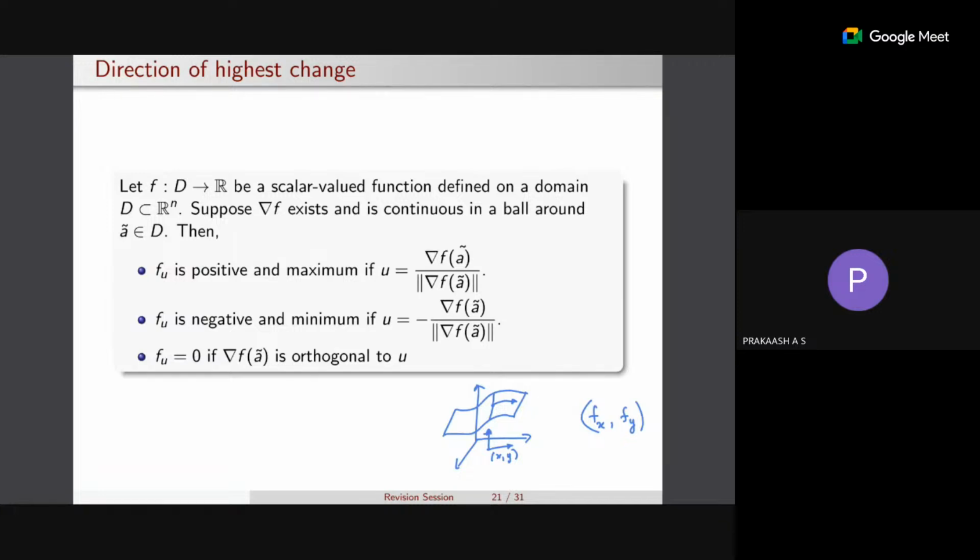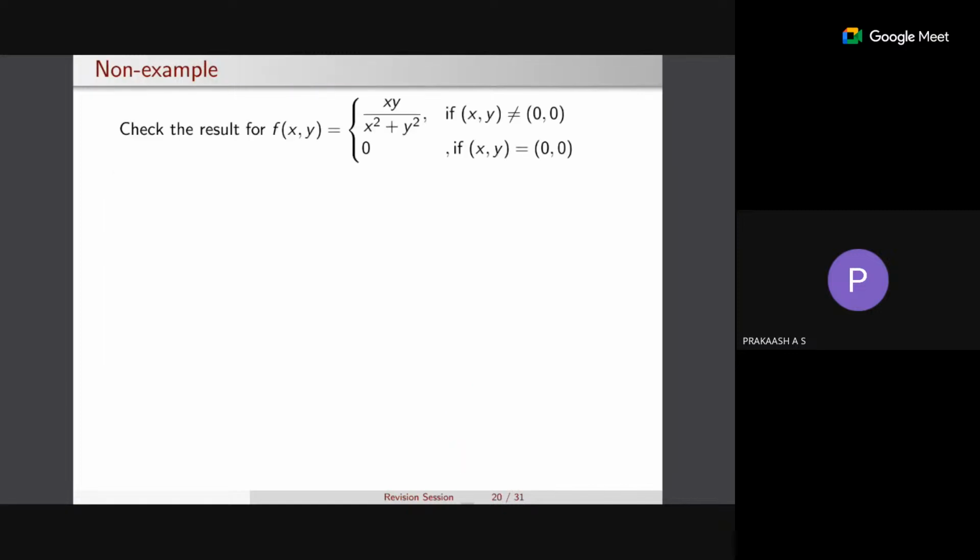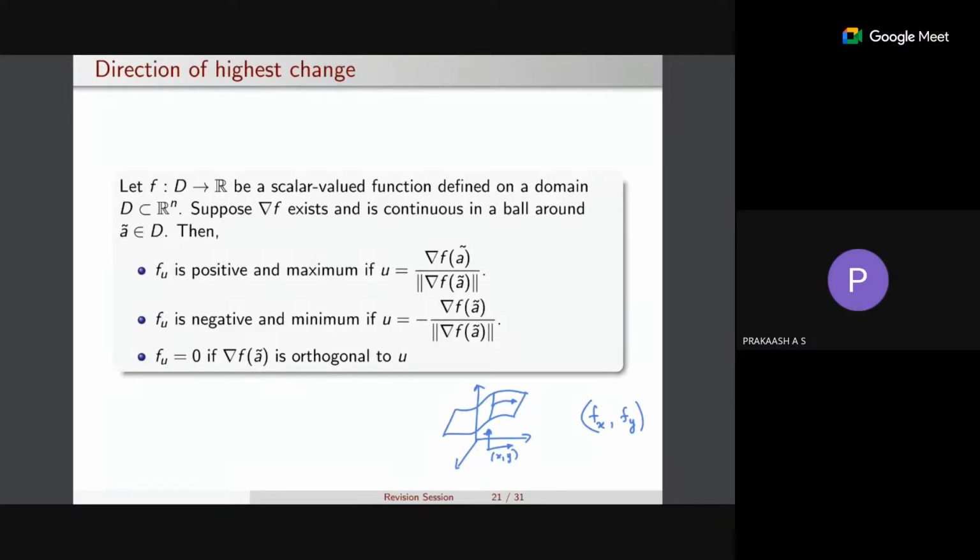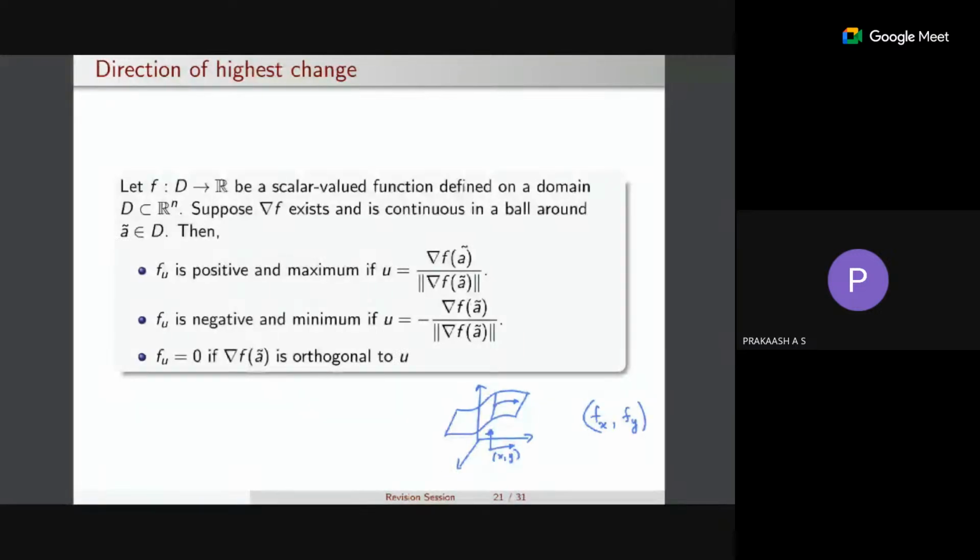What do you mean? Do you want an example of a function? Yes. Computing the gradient, we have already done for many functions. So I did not want to give examples for this in addition, because it's just compute the gradient and normalize it, right?